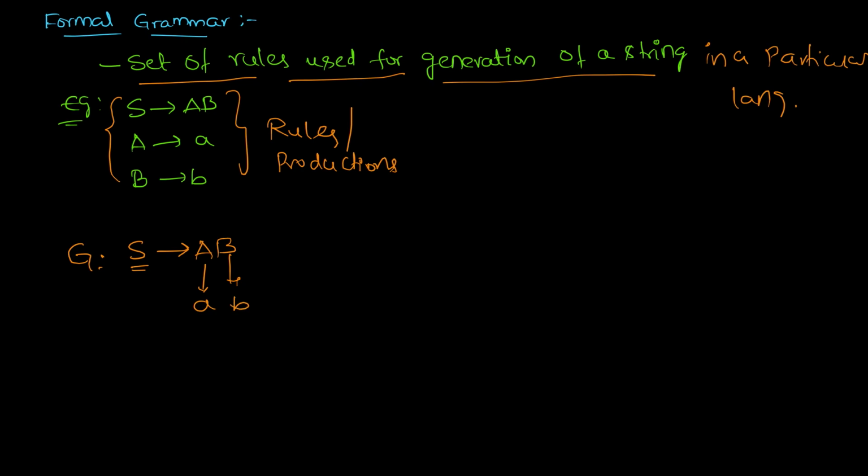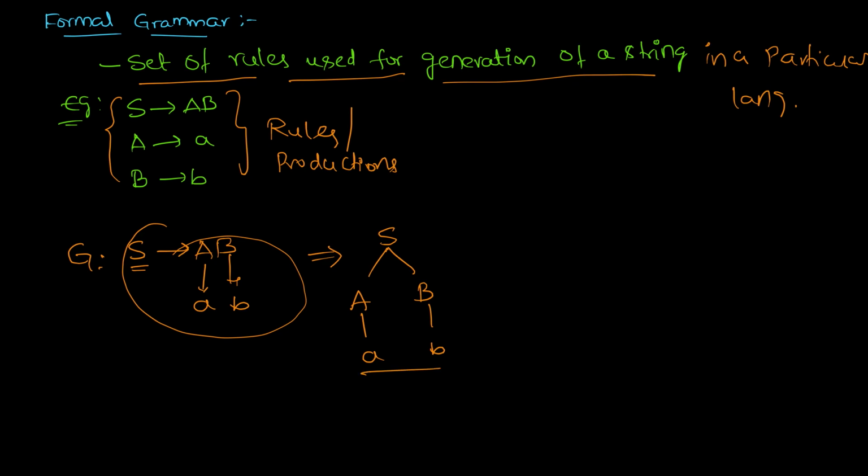For simplicity, let's write this in a tree structure: S derives A, B, and A derives a, B derives b. So this grammar G generates the string ab. So the language L has the string ab. This is how we generate a set of strings in the language using the given grammar.